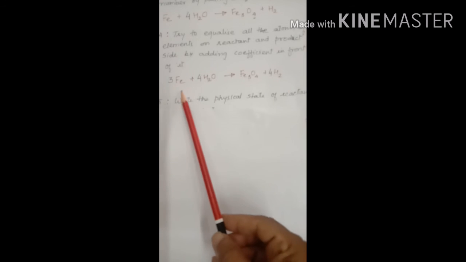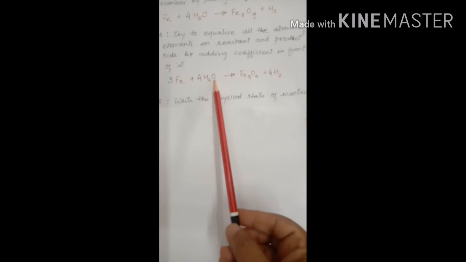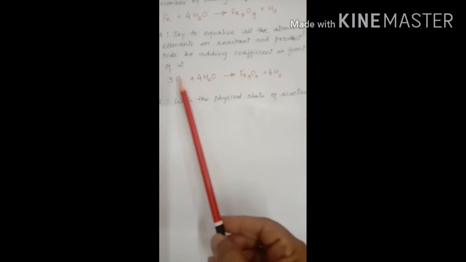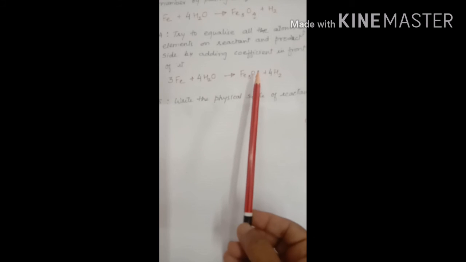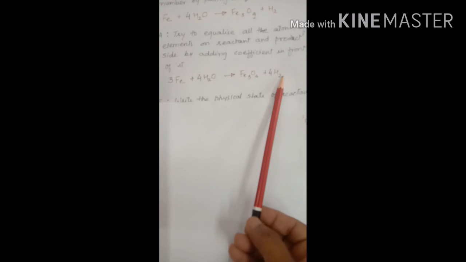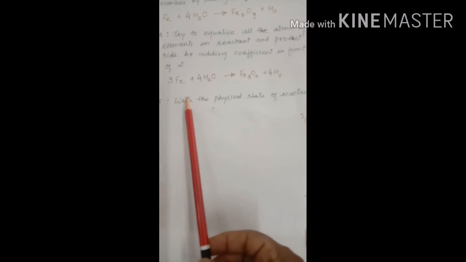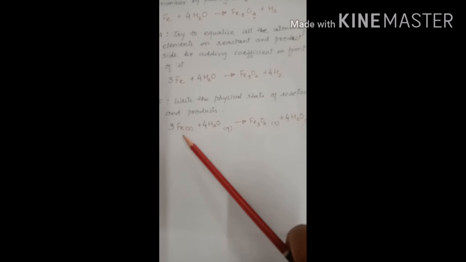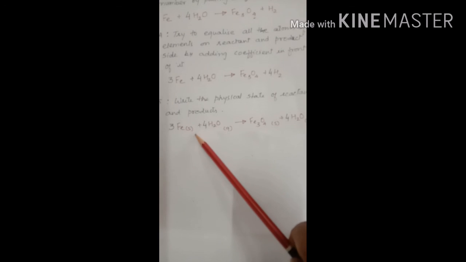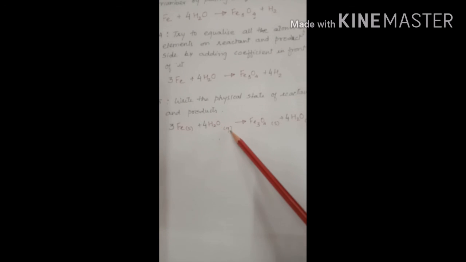Now if you see Fe, hydrogen and oxygen on the reactant side, their numbers are equal to Fe, O and hydrogen on the product side respectively. The next step is to write down the physical states of the reactants and products, which I had not written. Iron taken is in the solid state, water is in the gaseous state, Fe3O4 formed is in the solid state, while hydrogen formed is in the gaseous state.